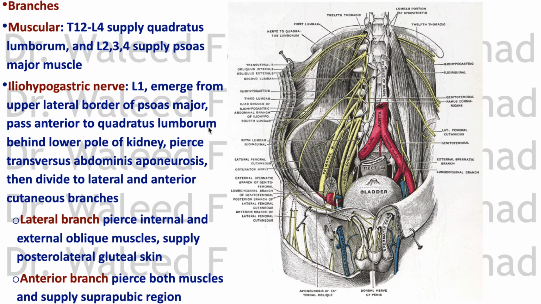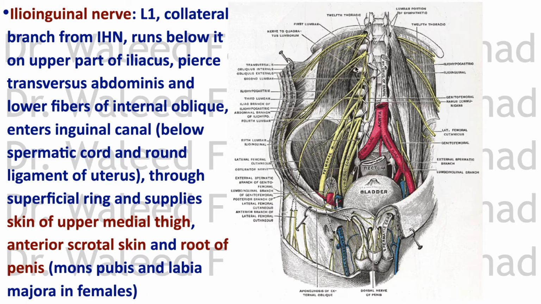The ilioinguinal, we will discuss this now, see, it's the collateral branch of the iliohypogastric. It pierces the transversus abdominis and then runs between transversus and internal oblique, then pierces the arching fibers of the internal oblique to become part of the inguinal canal below the spermatic cord or the round ligament of the uterus, and then comes out of the superficial ring and supplies the skin of the upper medial thigh and anterior scrotal skin or root of the penis, like the mons pubis and labia majora in females.